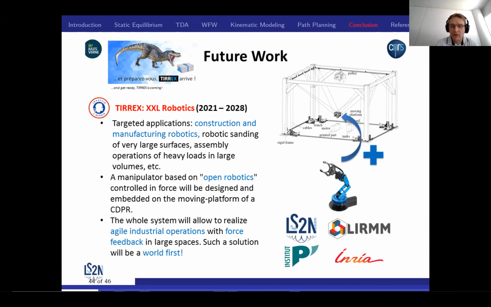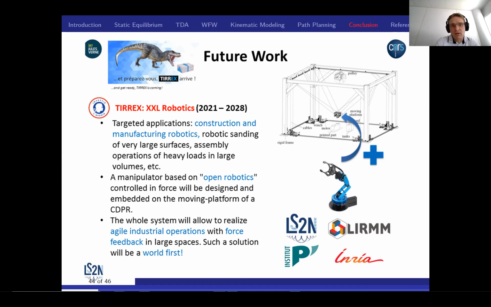At least in France, LIRMM, Pprime Institute, INRIA, and LS2N are directly involved in the development of this platform. There are also some industrial partners involved in this project, such as Airbus.